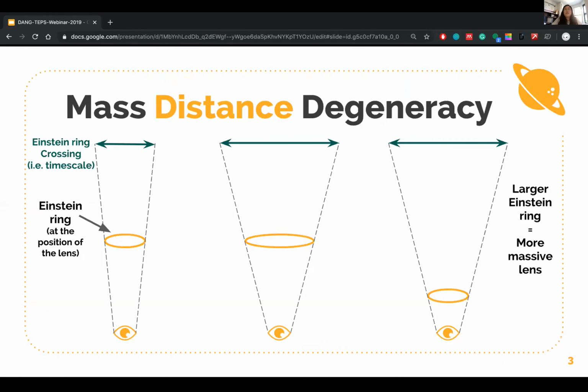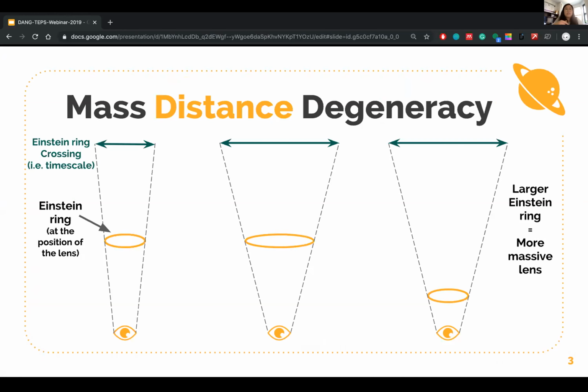Before you actually get to the masses of these objects, there is something you have to go through, which is breaking what is known as the mass-distance degeneracy. To illustrate this, I have three microlensing events. At the bottom, you have an observer looking towards a lens indicated with a circle.